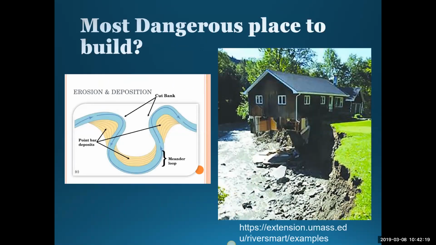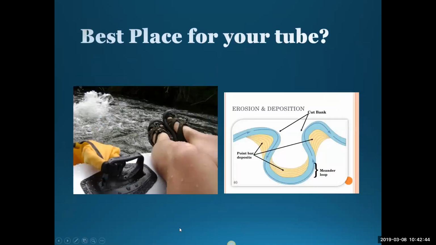So if we're looking at the diagram, it's the outside of the meander that is the cut bank. That's where there's the most energy, and that is the most dangerous place to build, because eventually that's going to erode away from your foundation and you get left like this poor family in Massachusetts.